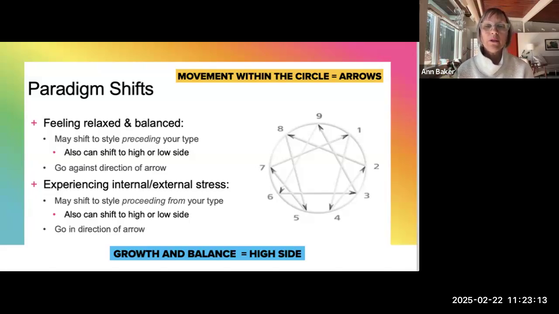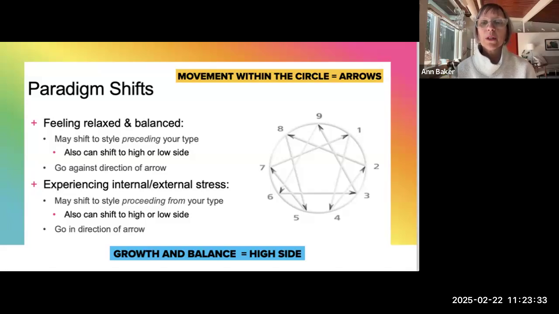So again, your arrows are another resource to learn about those types, learn about how it can be very effective and a natural way to balance, to take on some characteristics of those arrows.